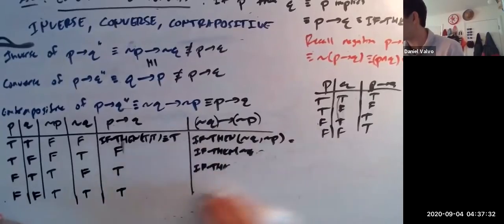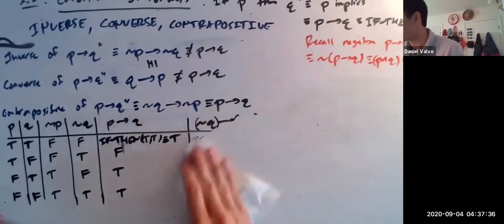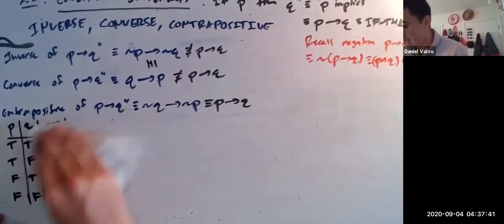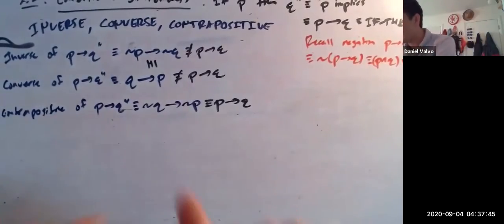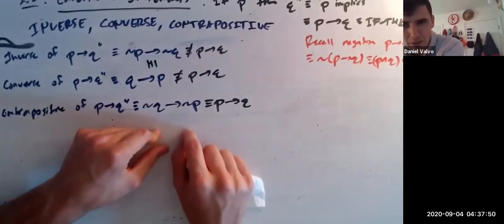I mean, this is kind of interesting. When we do the truth tables, it just kind of feels like we're doing a bunch of computation. But really remember what this means. This means that P implies Q is the same thing as saying not Q implies not P. This is incredibly powerful because this is the first one we've really done that's not entirely obvious.